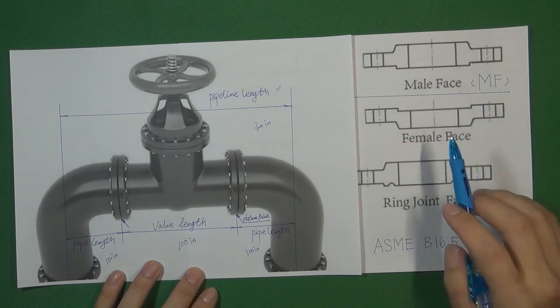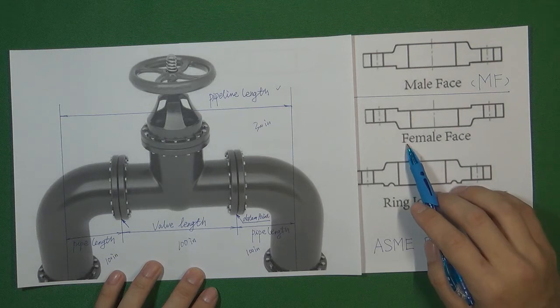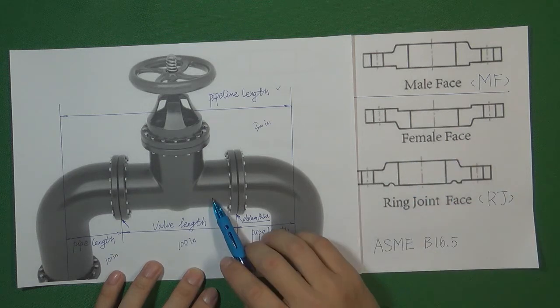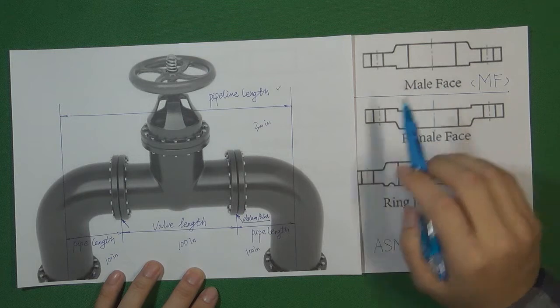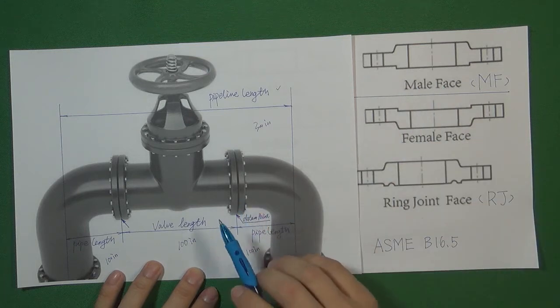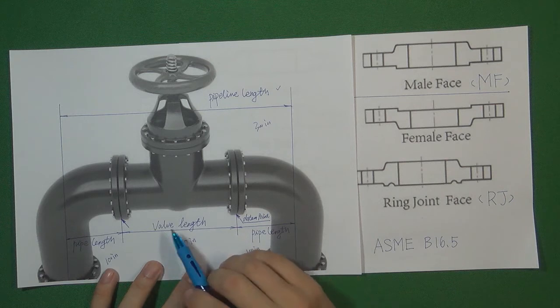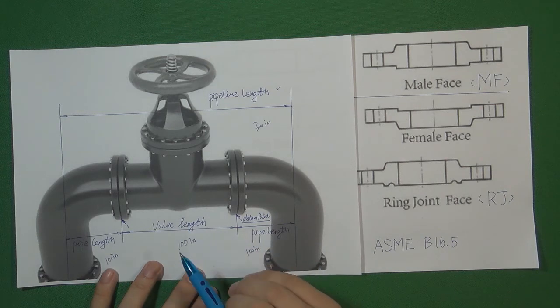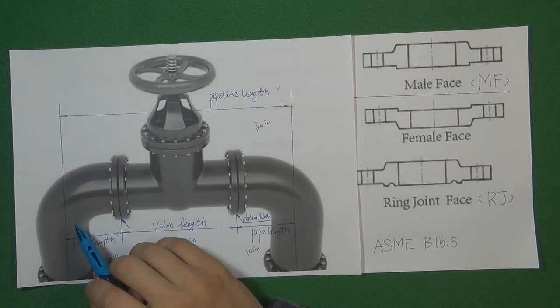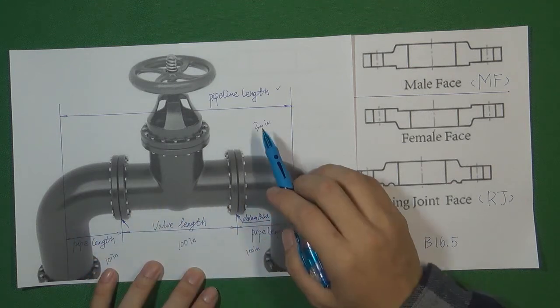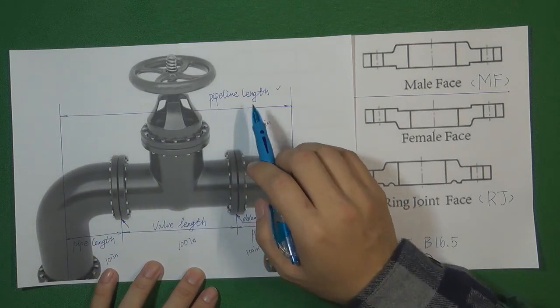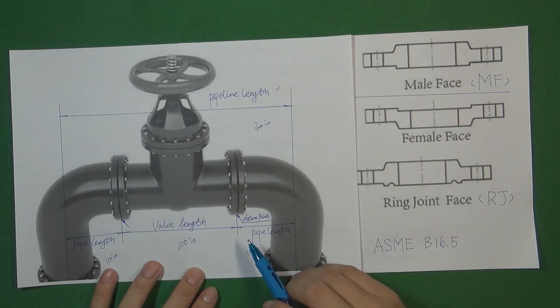For example, we're going to use the female face for the valve and the male face for the pipe. We still maintain the pipe length at 100 inch. We still maintain the valve length at 100 inch. Do you think in this condition, when we connect three parts together, we can still get a 300 inch long pipeline length? That is impossible.